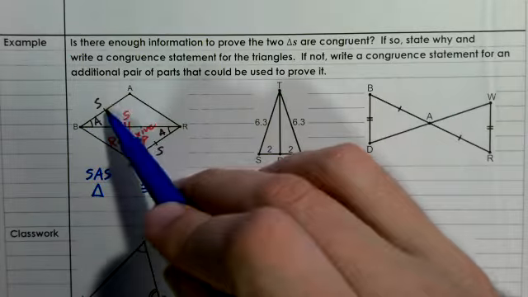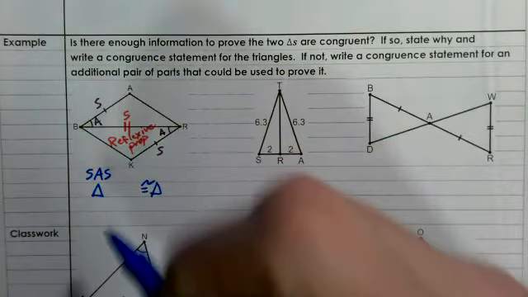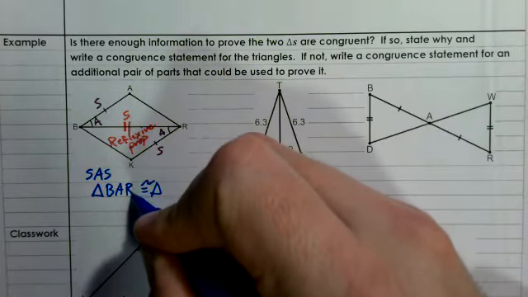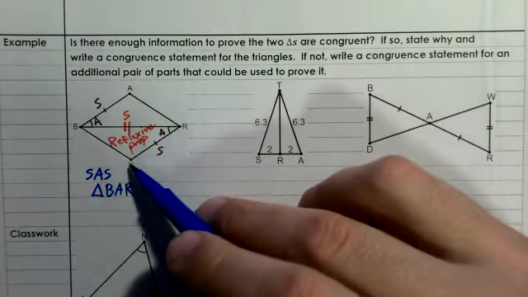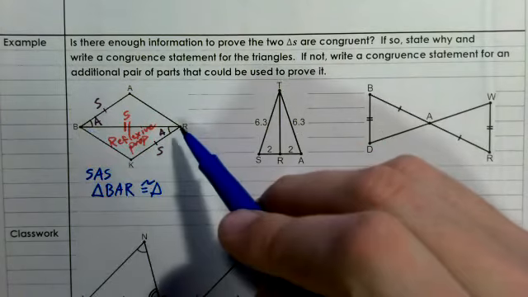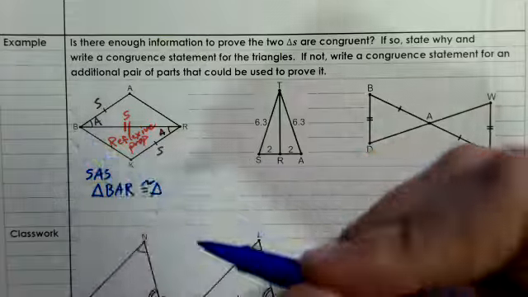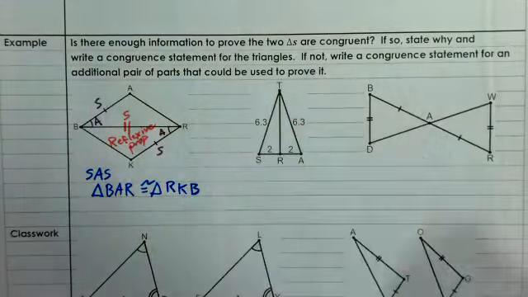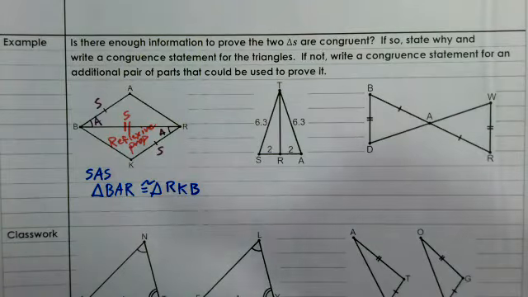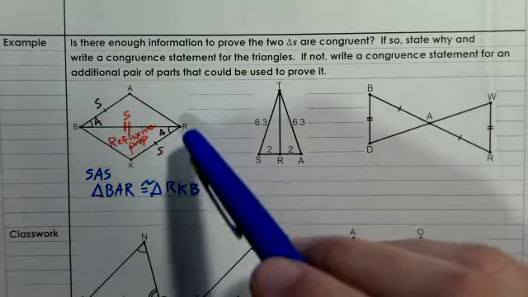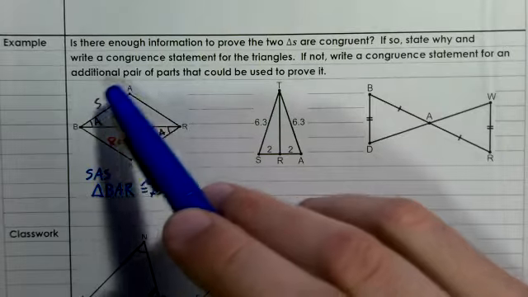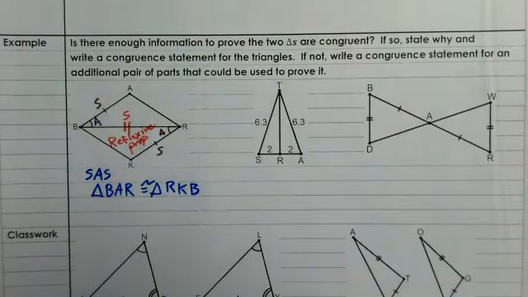So B, A, R. Start with my marked angle to my congruent side to the unmarked side. R, K, B. To make sure that things match up nicely, make sure you're following a similar logic. Marked, marked, nothing. Marked, marked, nothing.